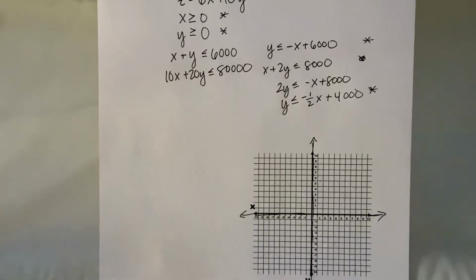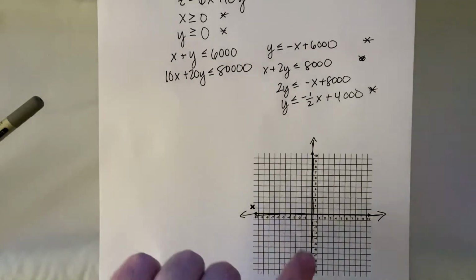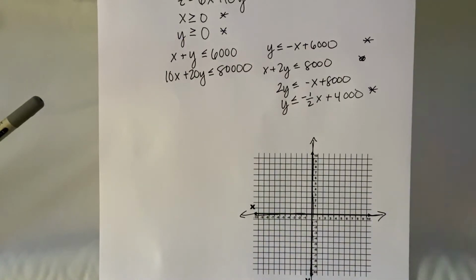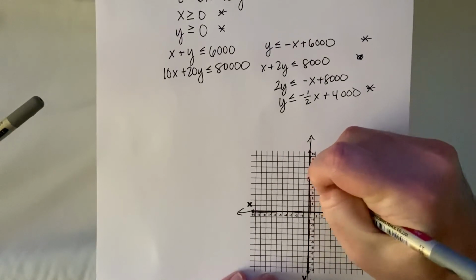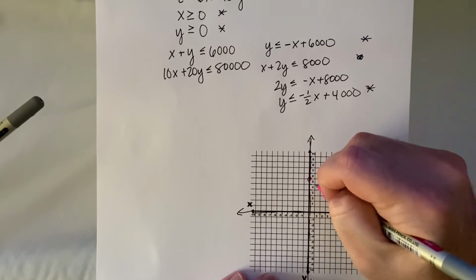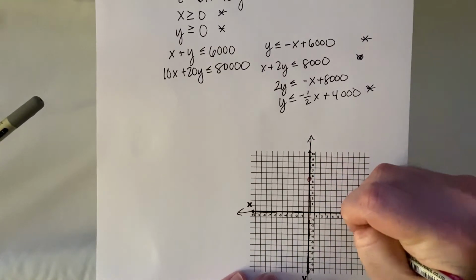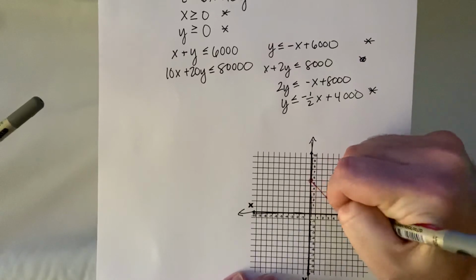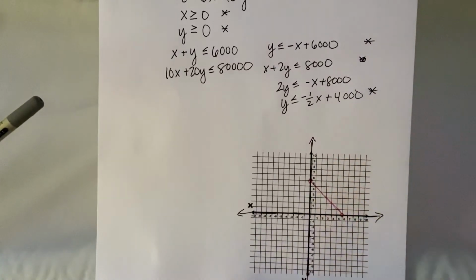y is less than or equal to negative x plus 6,000. I'm going to assume my y is going by thousands to make my life easier. So it'll be starting at 6 and have a slope of negative 1. So we start here, down 1 over 1. So that gives me what's created there.